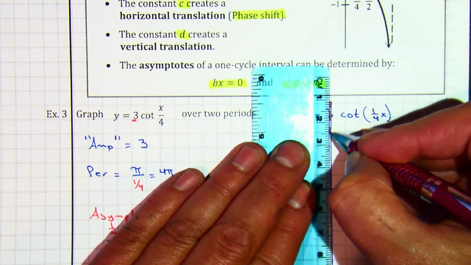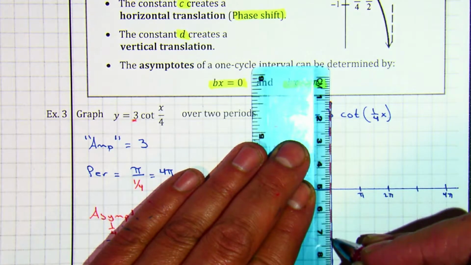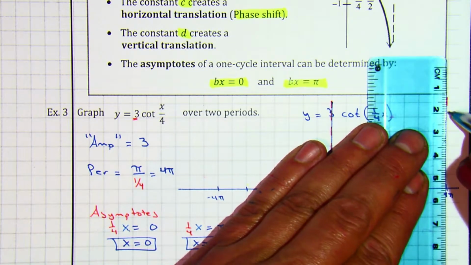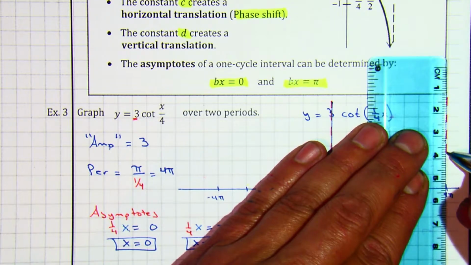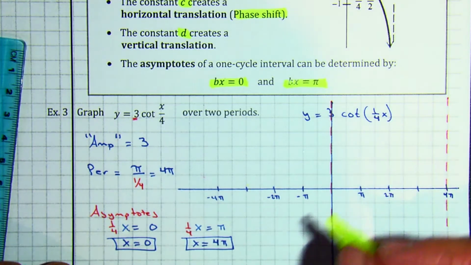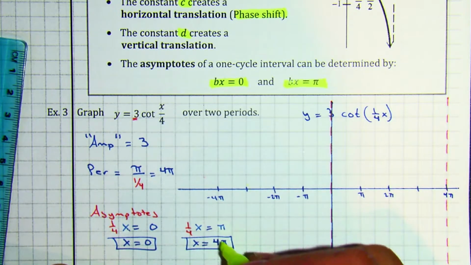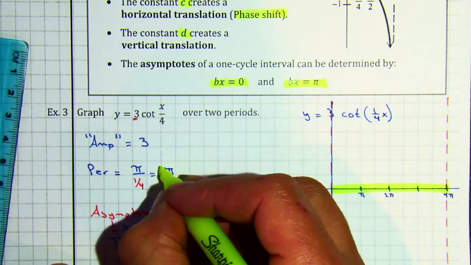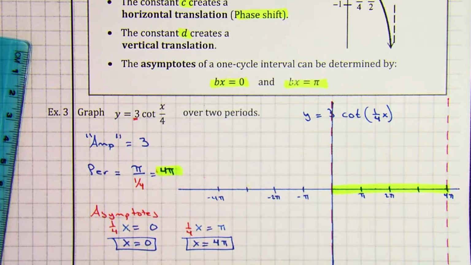There's no horizontal shift, so I can take care of my asymptotes right away. So therefore, I took care of my asymptotes, and this period should match 4 pi, and it does.